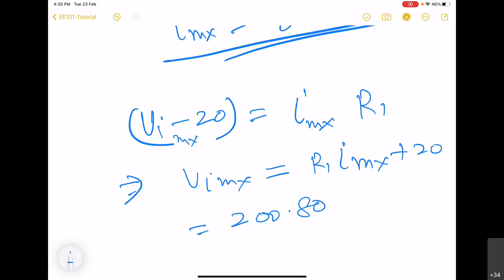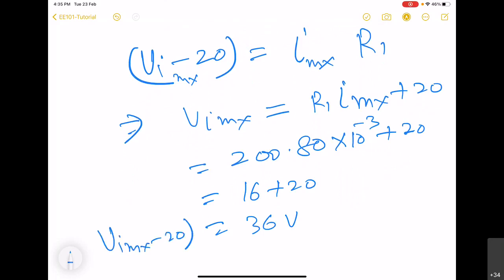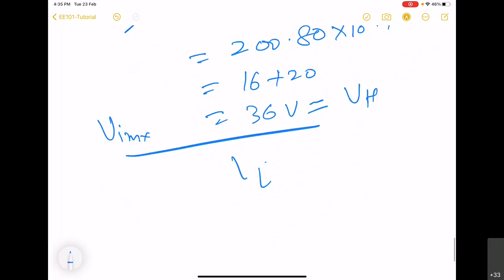I max we just now calculated. So this is the upper limit on the input voltage, Vi high. So Vi should be between 24 volt and 36 volt.